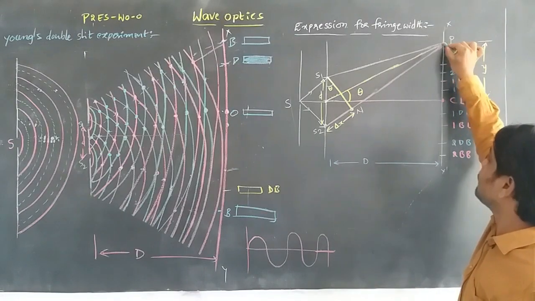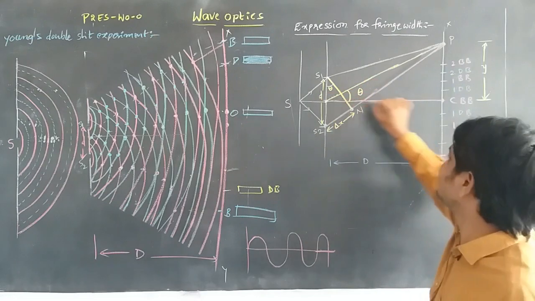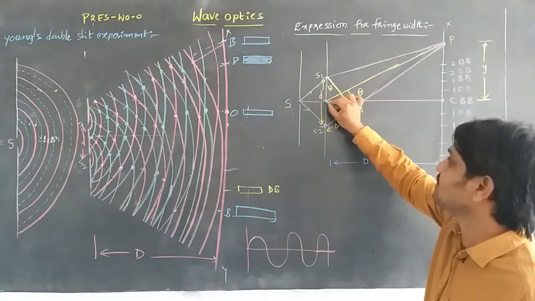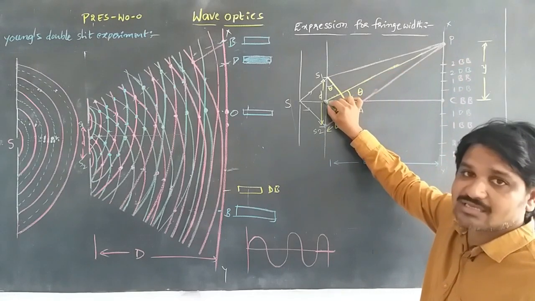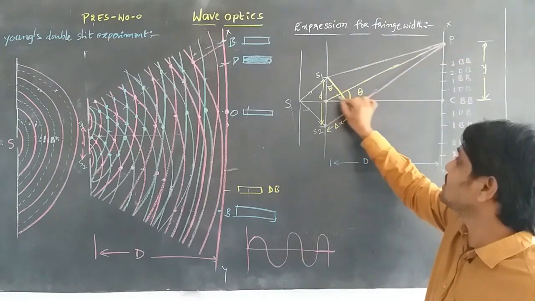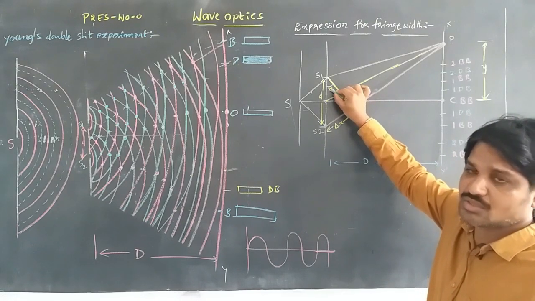The distance from the center to the point P is Y, and the point P makes an angle theta with the center between the slits. This will also be theta.